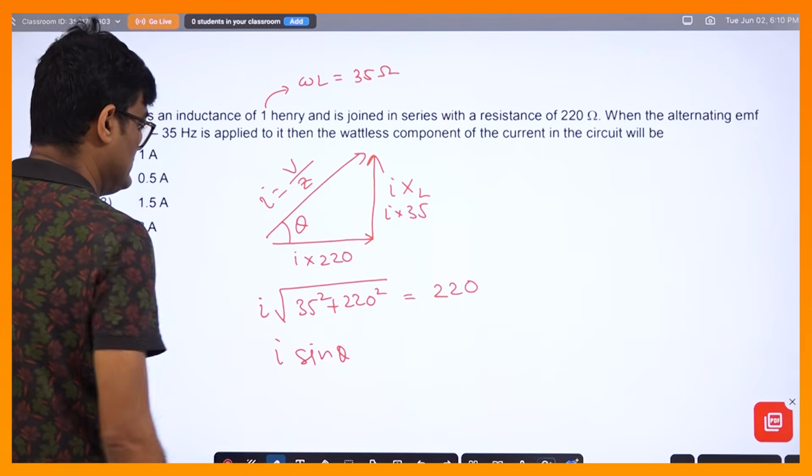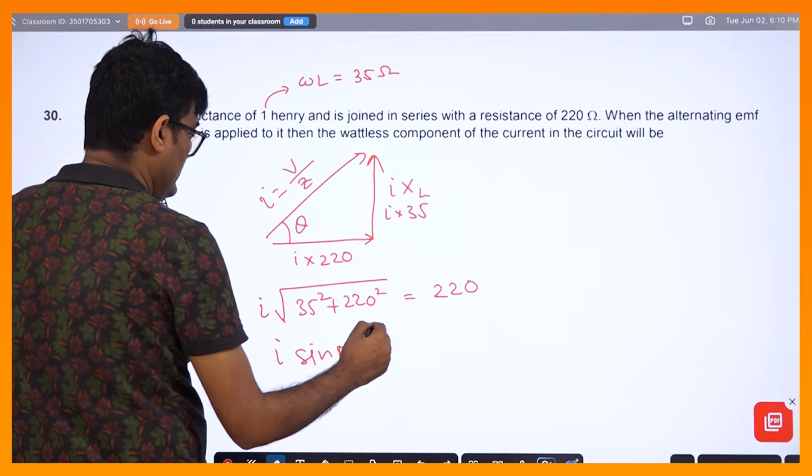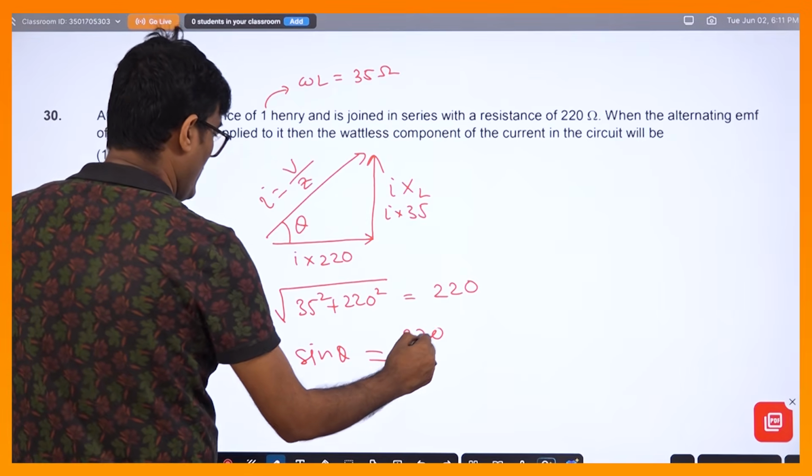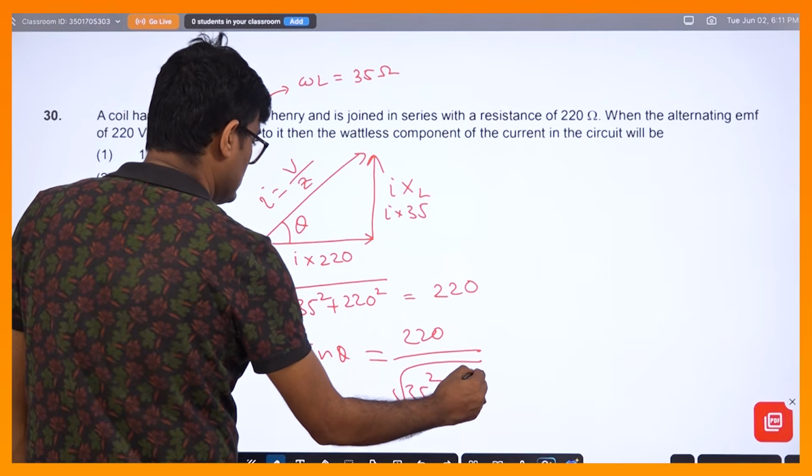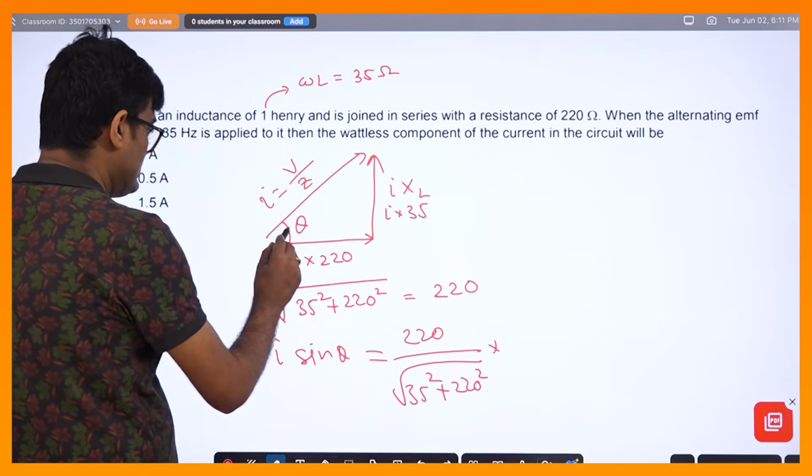The vertical current is the wattless current. I sin theta is equal to 220 by root over 35 square plus 220 square, into sin theta. Now what is sin theta?